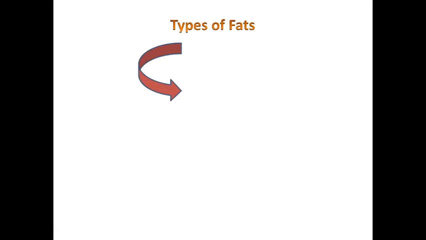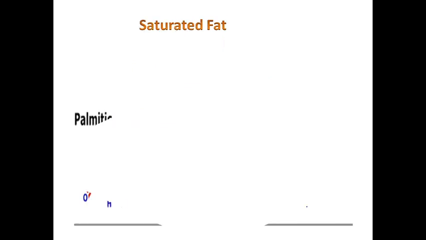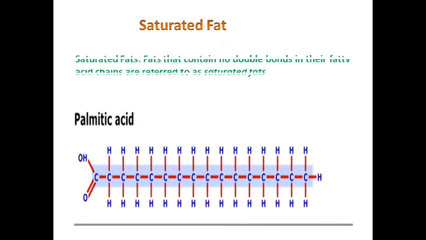Now let me tell you the types of fats we'll be studying. Number one is saturated fat, and number two is unsaturated fat. As the name suggests, the saturated fat contains saturated fatty acids, meaning there is no double bond in the carbon hydrogen chain, or the aliphatic chain, of the fatty acids.